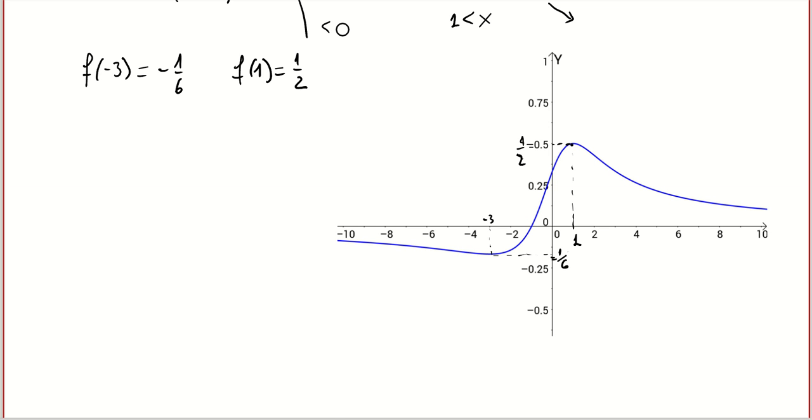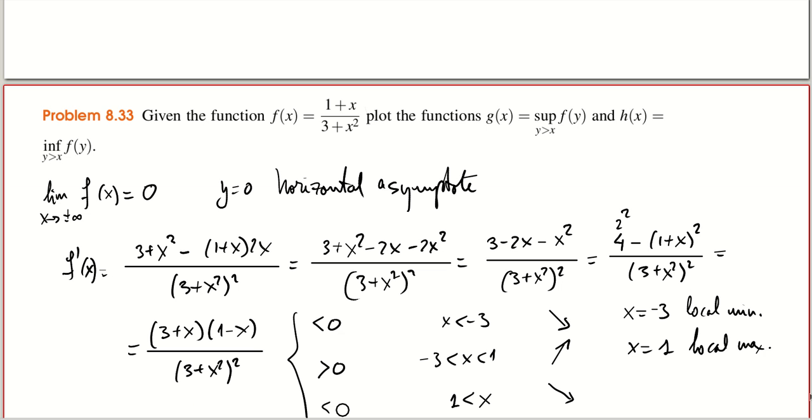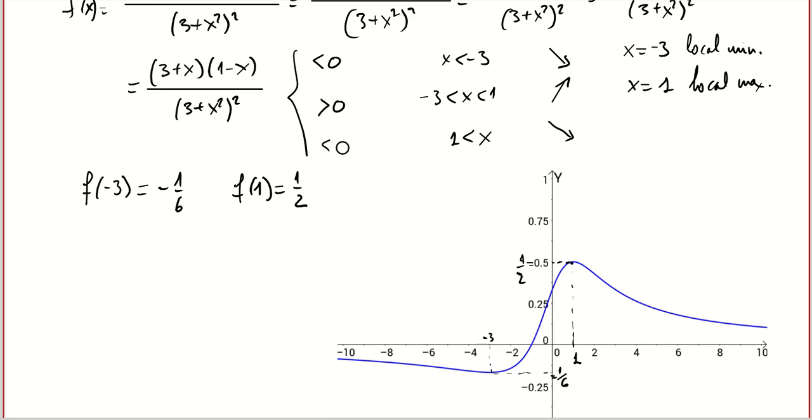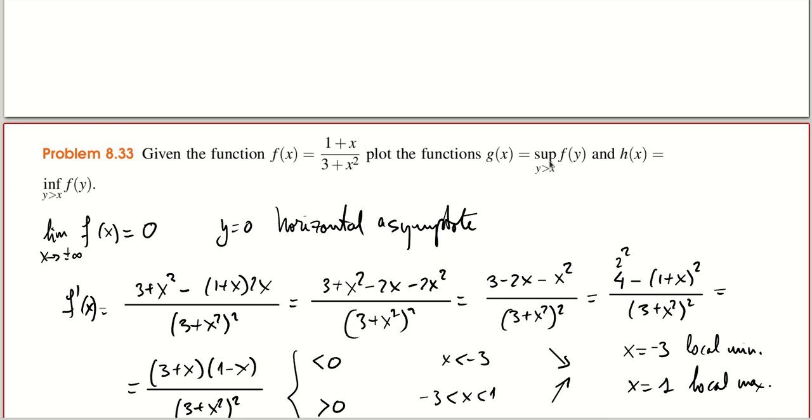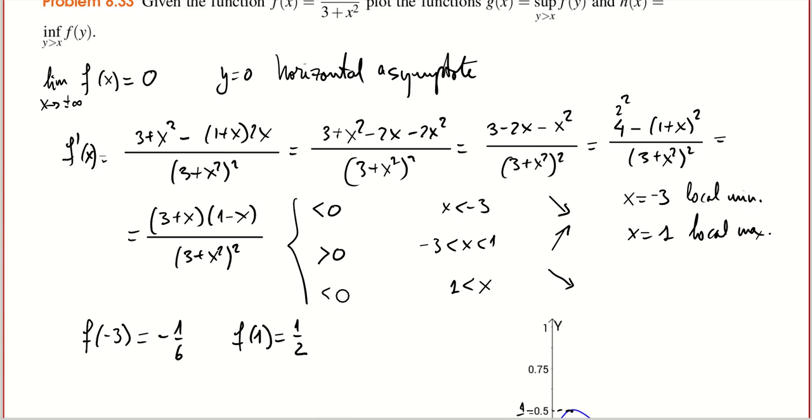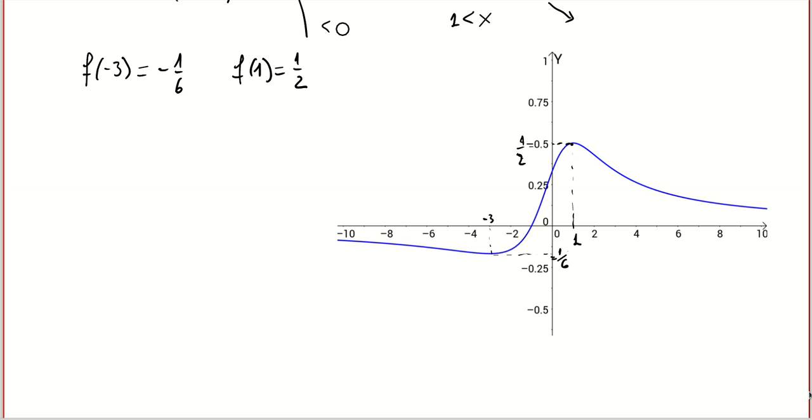But now we want the two plots of g and h, right? So we have to decide what these functions are. And remember, what we have to do is fix an x, see what happens to the function on the right of this x, and find the supremum of this function. So let's say that we are at a point here.